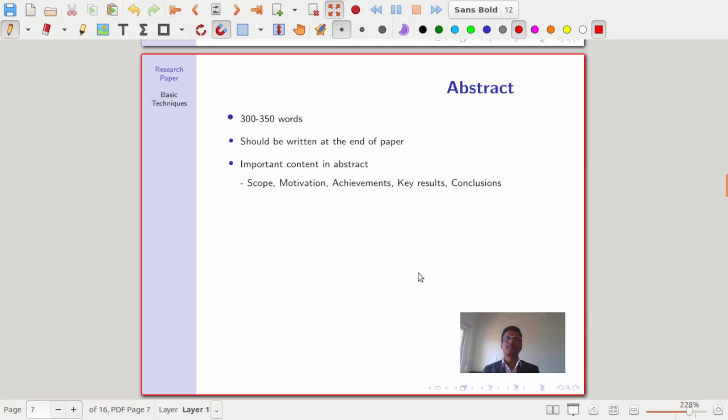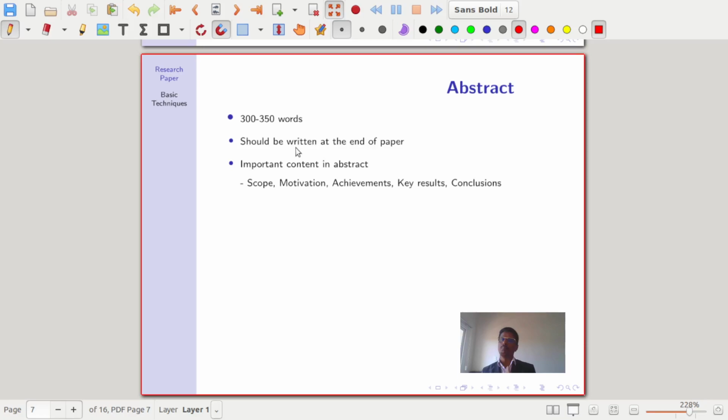Abstract. I will suggest writing the abstract at the end of the paper, but you can write an initial draft and then modify it. But you should not forget to modify the draft in the end, because the abstract is usually read by the reviewer, based on which the selection or the reviewer comments are usually received.